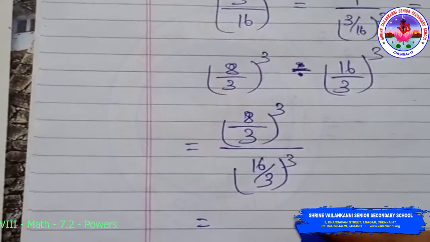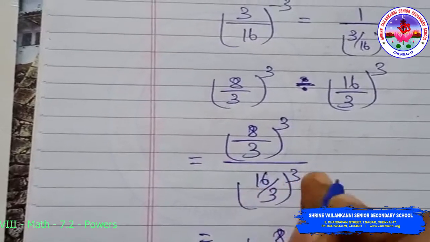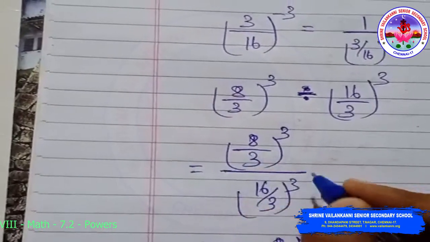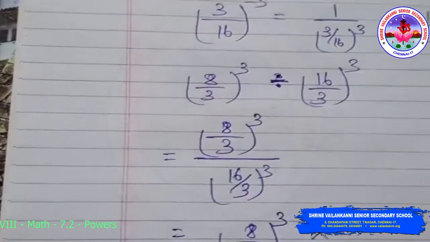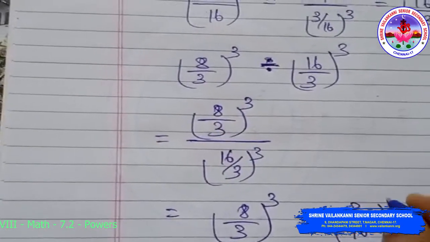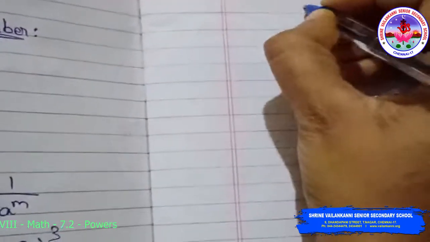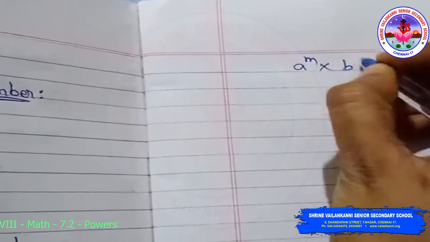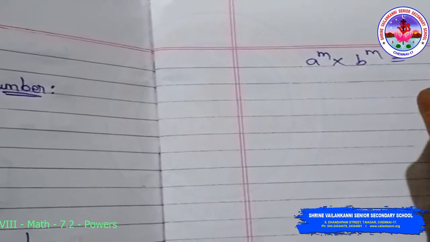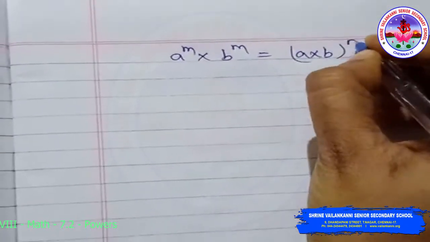8 by 3 whole power 3 divided by 16 by 3 whole power 3 is equal to 8 by 3 whole power 3, the divisor term will be reciprocal, into 3 by 16 whole power 3. Now using the law, a power m into b power m is equal to a into b whole power m.